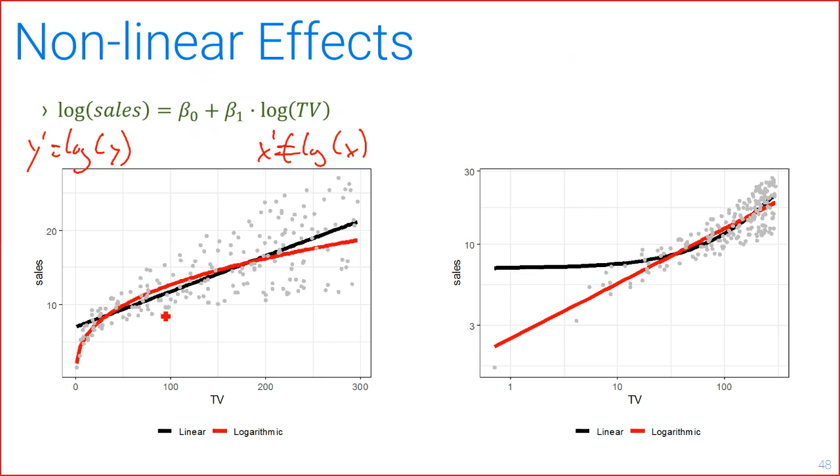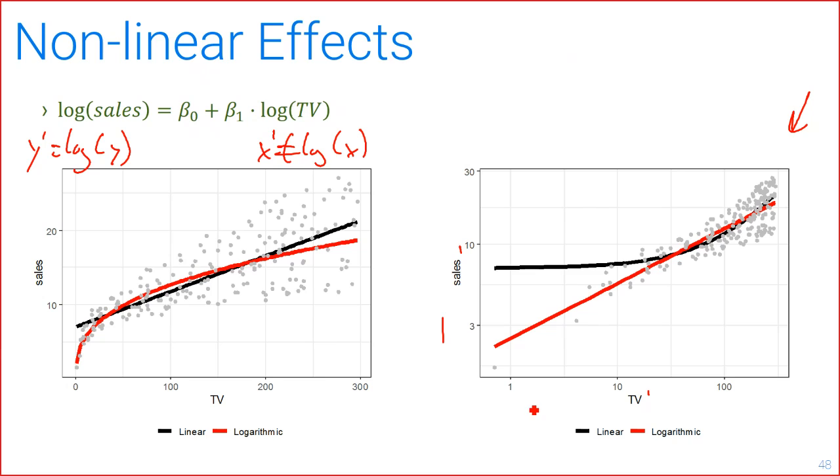What happens, if you want to visualize it better, is that if we transform the two variables, like in this case, we're actually plotting a linear model in the transformed space. So if we transform the TV, here you see that we are plotting TV on a log scale, and we are plotting sales also in a log scale. So this would be what we talked about, sales prime and TV prime.